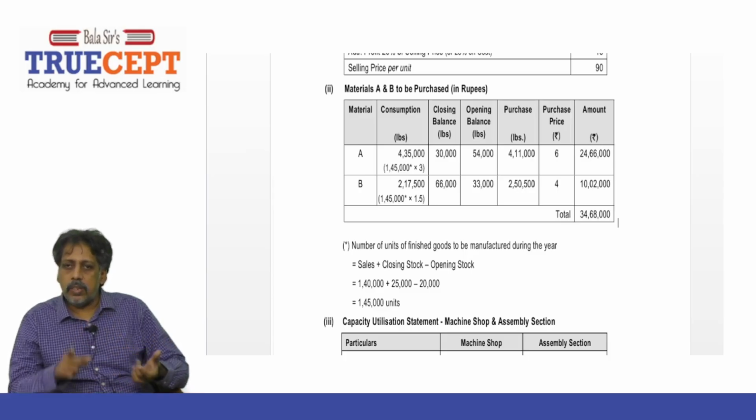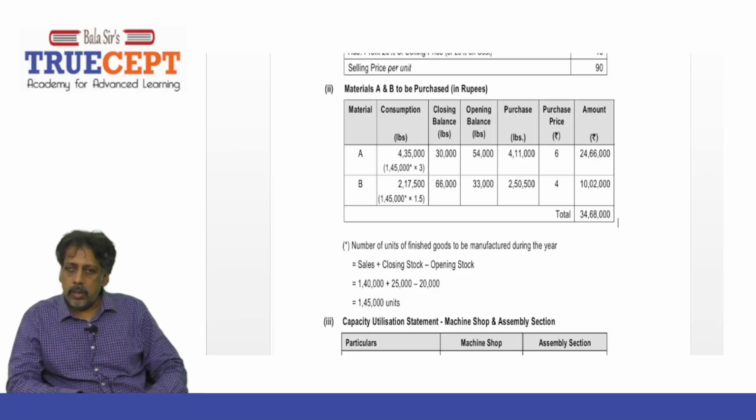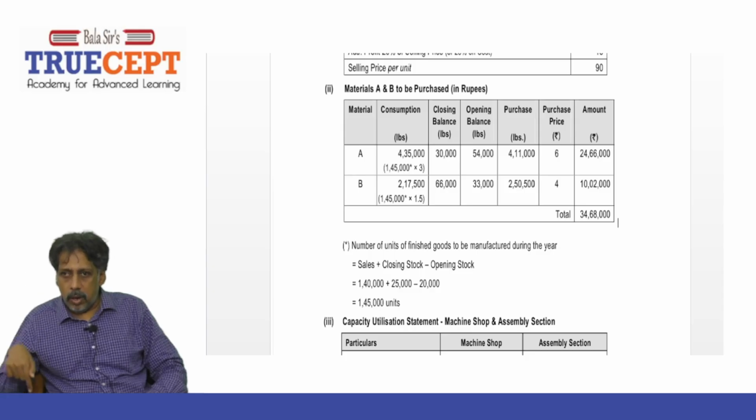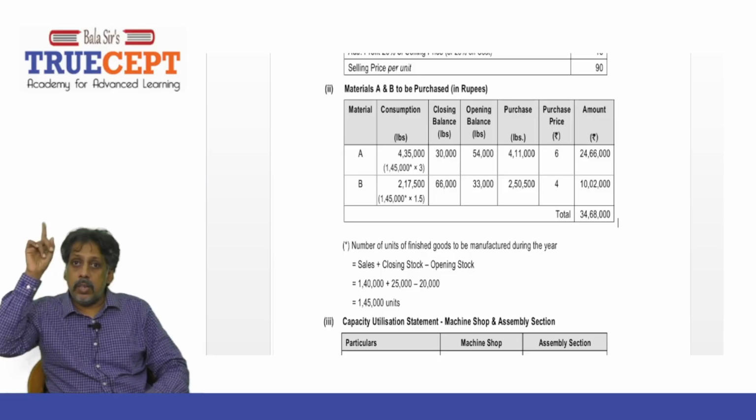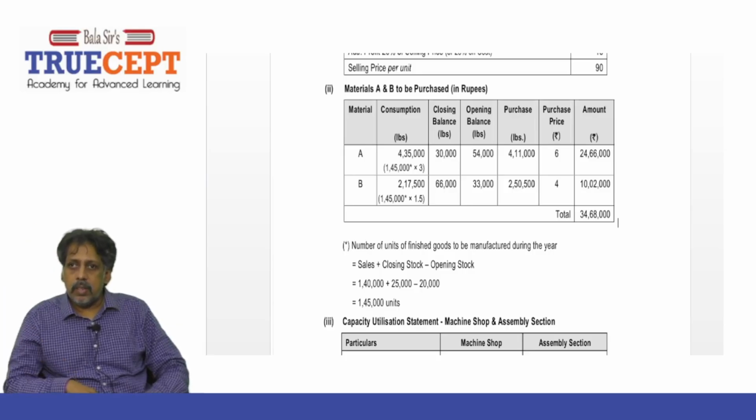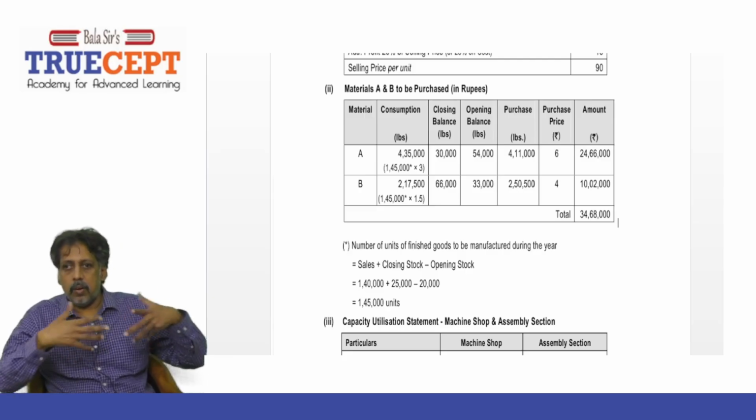Therefore purchase quantity is 2,50,500, and that into the rate of rupees 4 per pound. How much is it in total? 10,02,000. Then if you want, you can add up the last column, which will be 34,68,000. Don't add up the quantity column because these are 2 different raw materials.